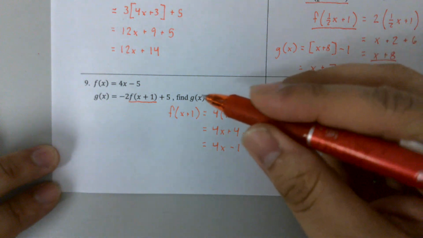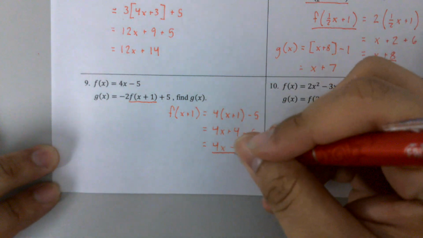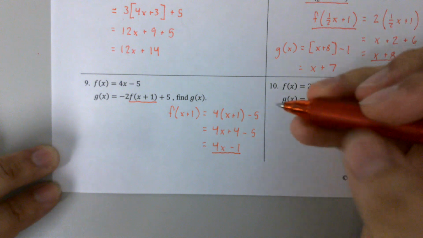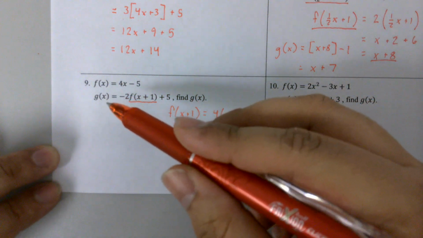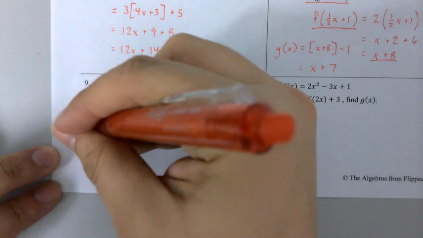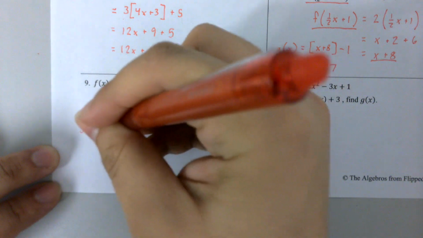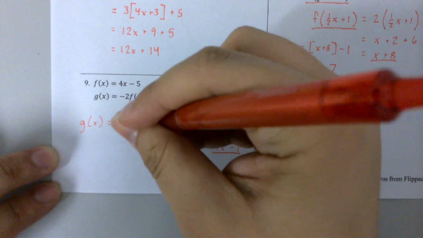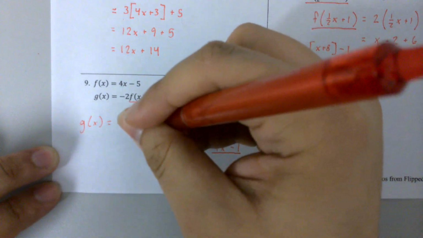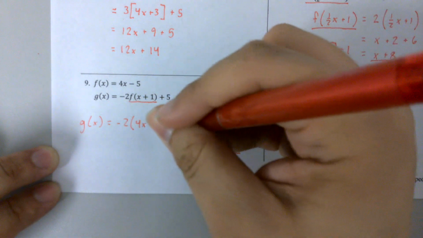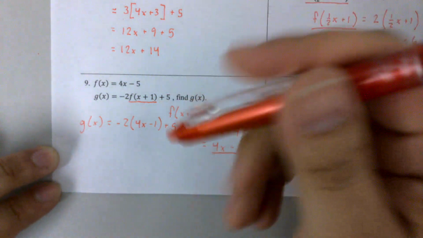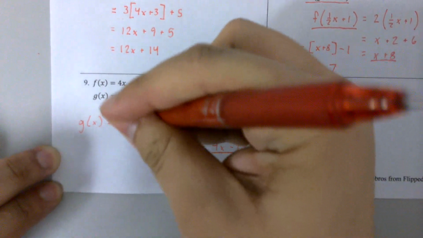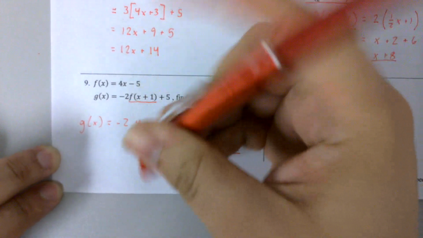So now that we know that f of x plus 1 is really just equal to 4x minus 1, it may be easier to plug it into g of x now. So g of x is now equal to negative 2 times 4x minus 1, and then plus 5. And to be consistent, you can use parentheses, nothing wrong with that.